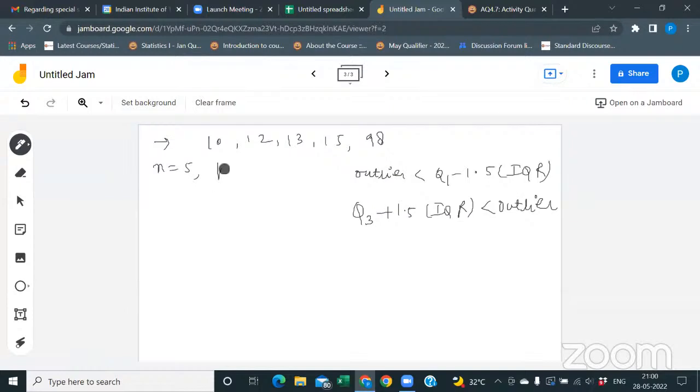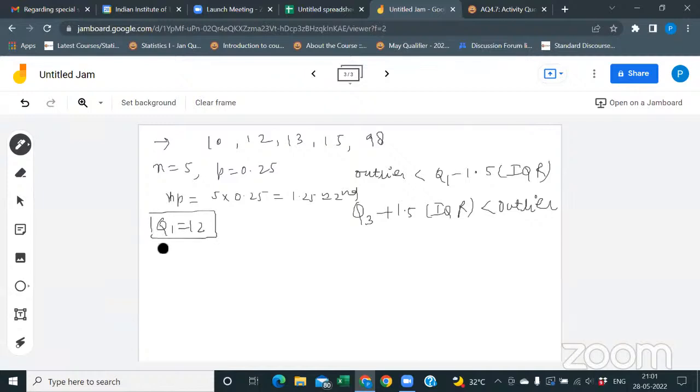For Q1, your p will be 0.25. So the value of np will be 5 into 0.25, which is 1.25. That means the second observation, so your Q1 is 12.